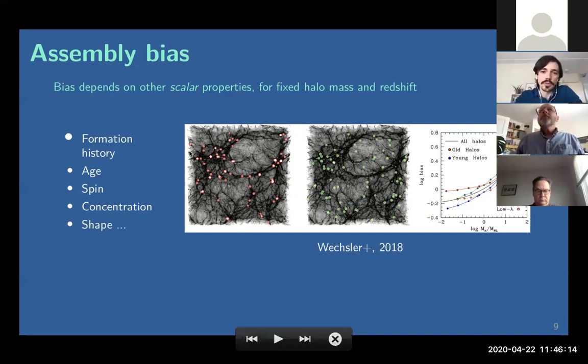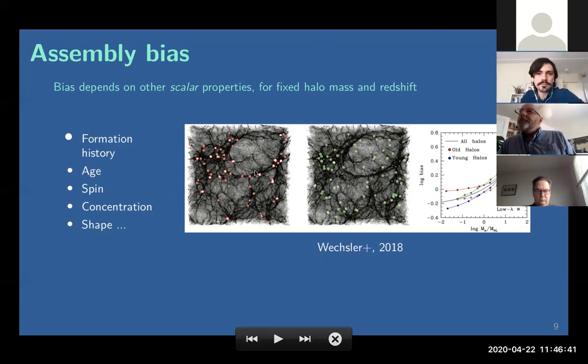You see that the red ones here are more concentrated halos. They are more clustered than the less concentrated halos, while on the rightmost plot, you see various other dependencies of this bias at different halo mass. You fix halo mass, for example, and you can see that this red line is always on top of the blue line, meaning that old halos are more clustered than young halos for a given redshift and mass.